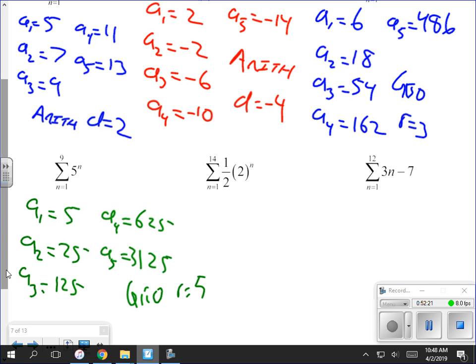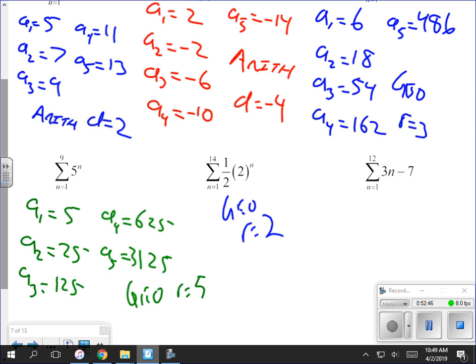Is this one going to be geometric or arithmetic? It's going to be geometric, and my R would be 2. If I have something raised to a power, and there's no addition involved, then it's geometric. So this one would be geometric, and R would be 2, the number raised to the power.